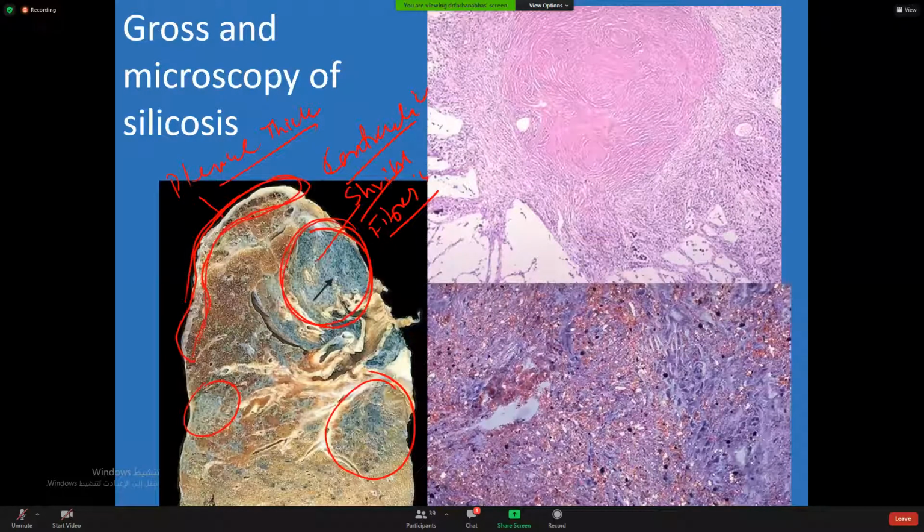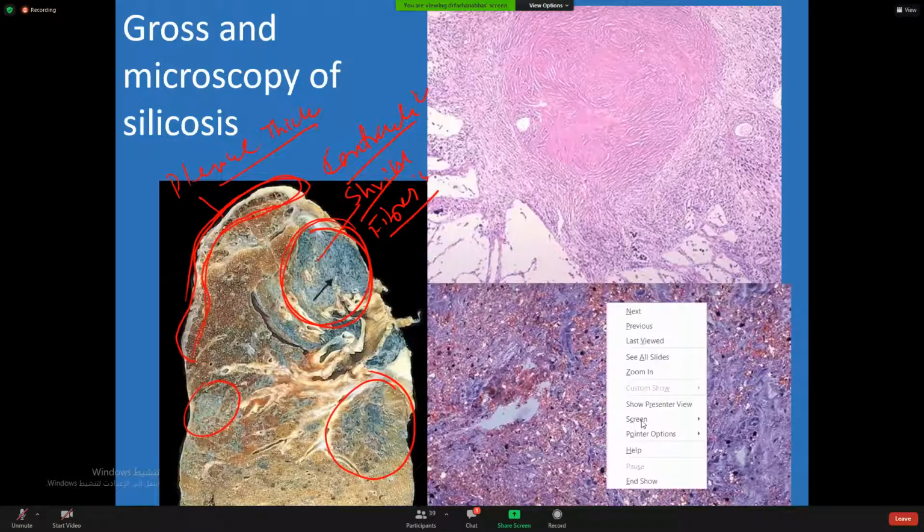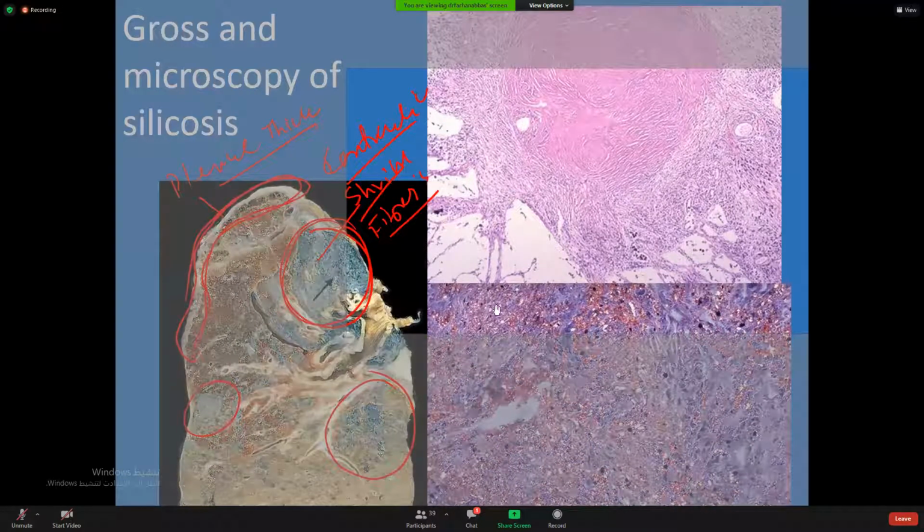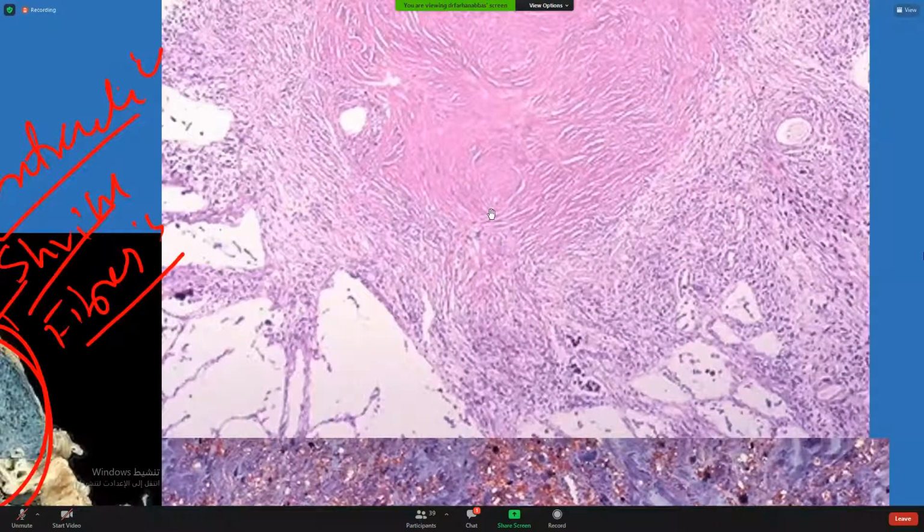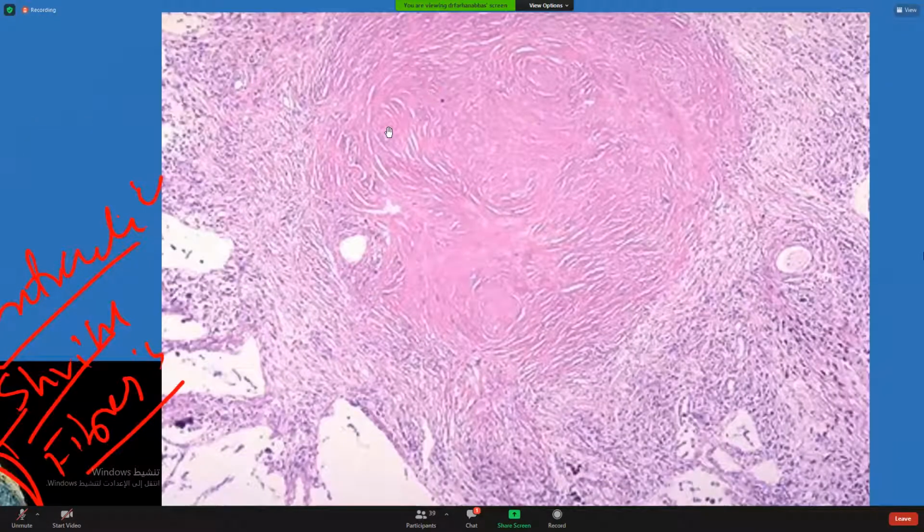Now we come to silicotic nodule microscopy. If you look over here, let me magnify this area. This is a silicotic nodule, and you can see whirling fibrosis in this area, and the whole of this is what we call the silicotic nodule.